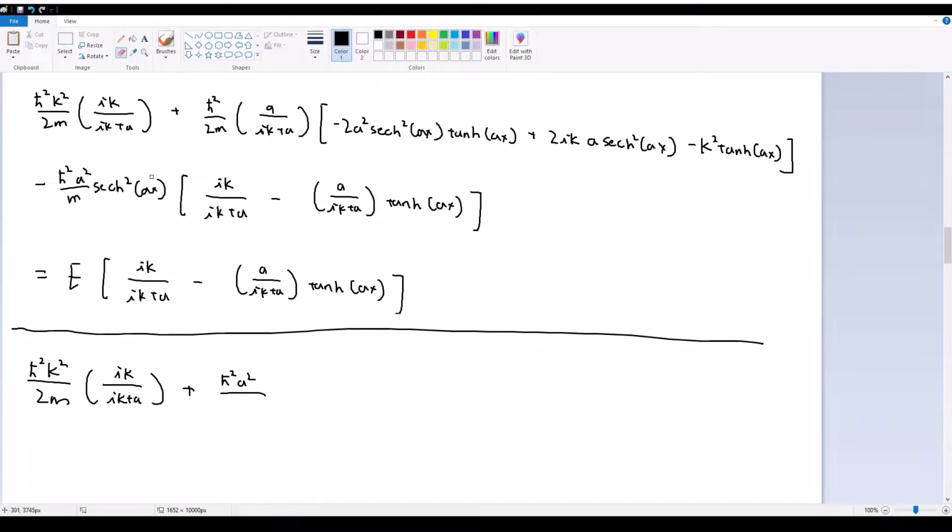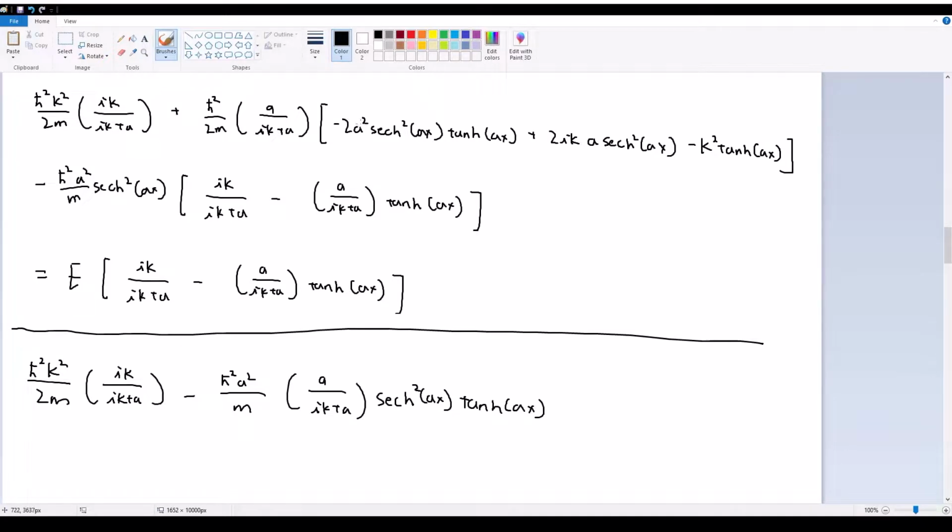And the positive and the negative turns into a negative. So minus h bar squared. I'm going to move the a squared to the front, get rid of the 2's, I'm left with an m term. And then multiplied by a over ik plus a, multiplied by secant hyperbolic squared ax times tangent hyperbolic ax. Is that correct? Negative, the 2's cancel, h bar squared a squared over m. Yeah.